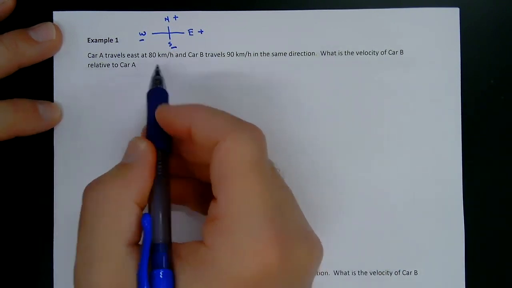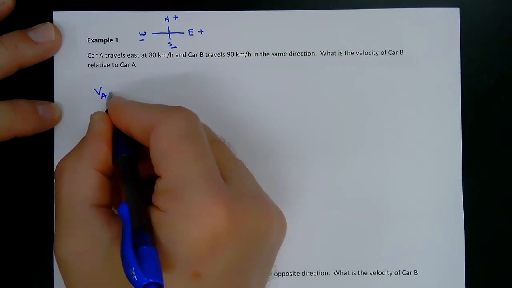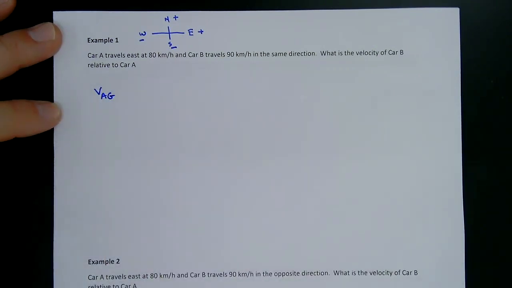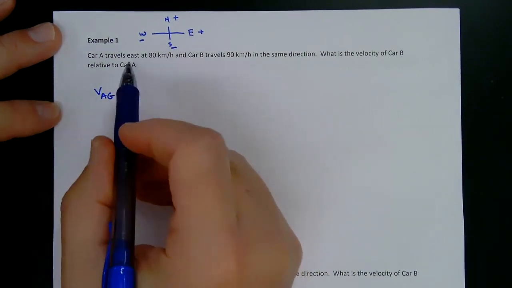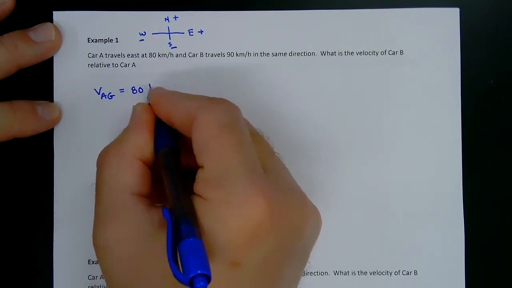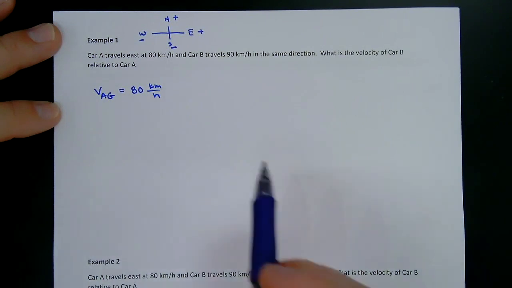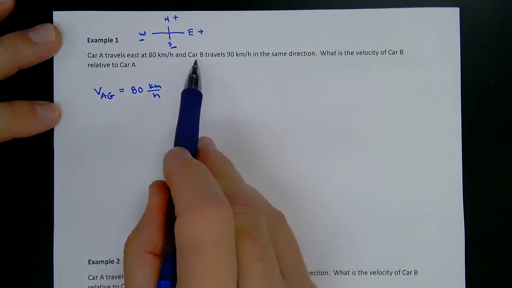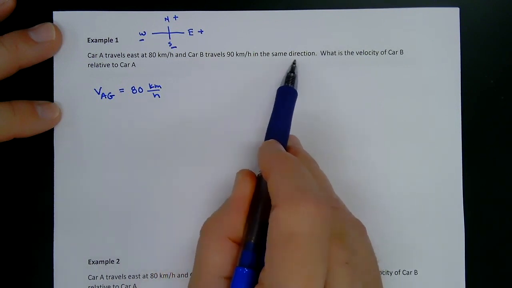So what was given here is the velocity of car A relative to the ground, or road, or earth, okay? So that would equal, since we're going east, 80 kilometers per hour. All right, and then we also know car B travels at 90 kilometers per hour in the same direction.